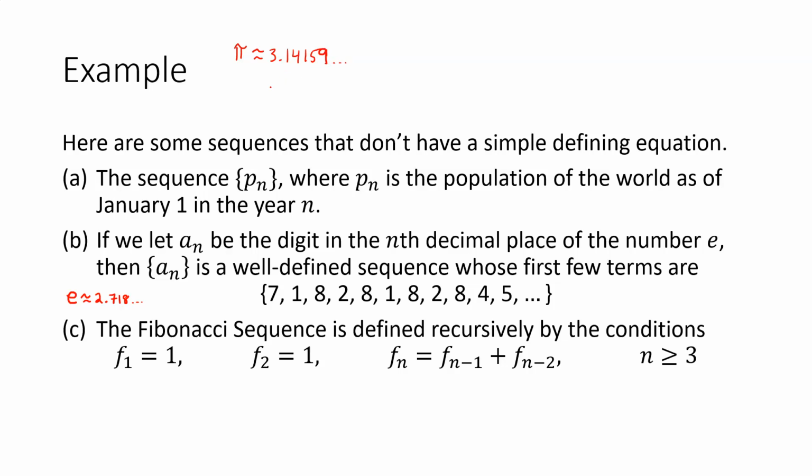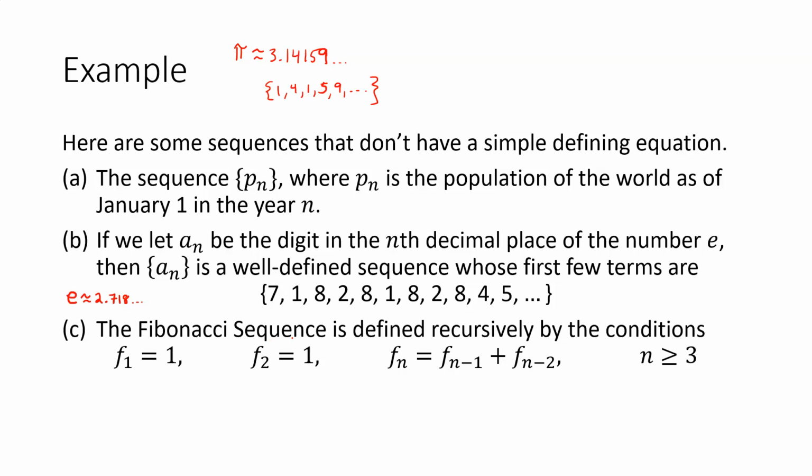So, you can define a sequence here that gives me just the decimals of pi. And these ones are definitely ones that we can determine.